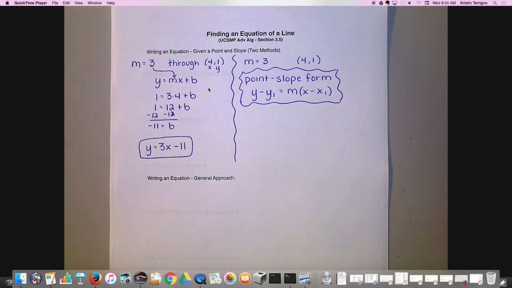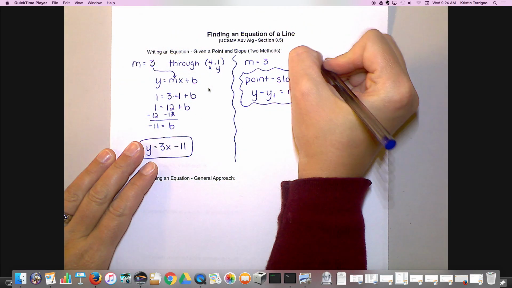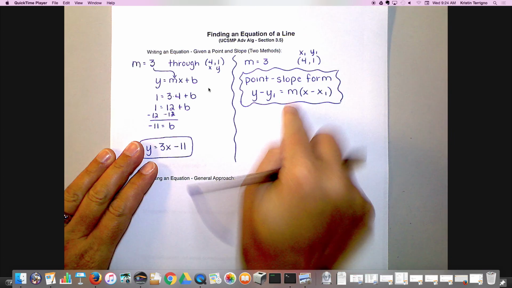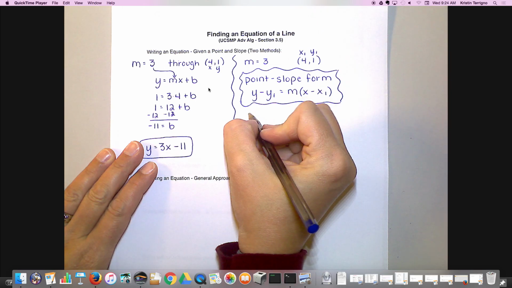And in that form, the regular x and y still stay x and y. And then where you see the x1 and the y1, that represents a coordinate of any point on the line. So x1, y1, that would be my 4 and my 1. And then m, that's my slope. I already know that. And so I would set this up like this.